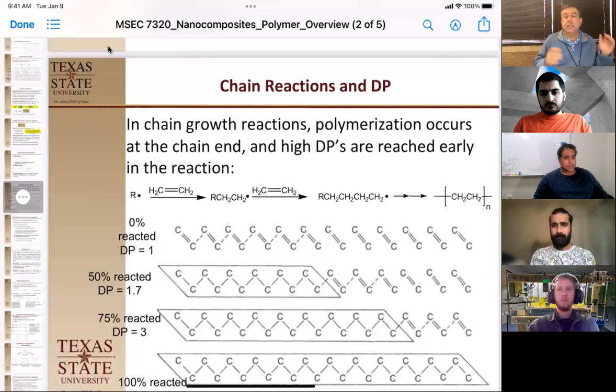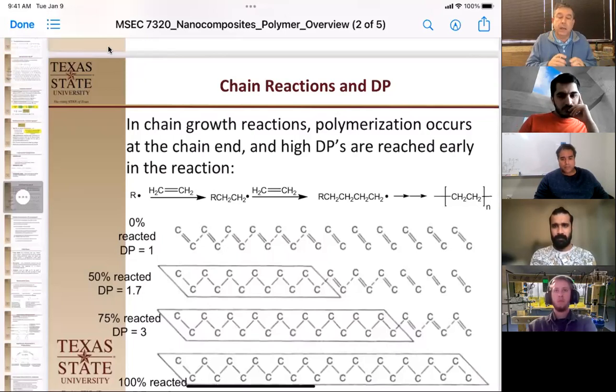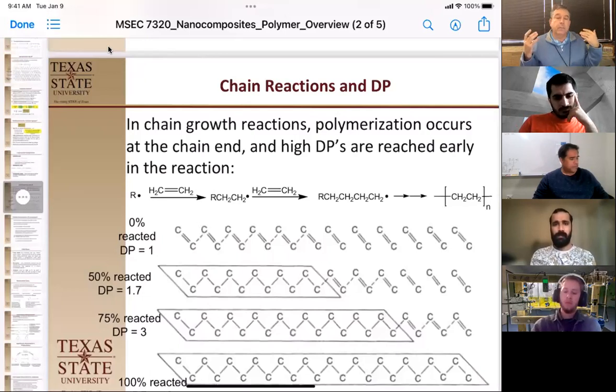By contrast, in chain growth, because each individual chain is growing and adding on to it, we actually saw the DP increase much earlier and the monomer concentration deplete much slower than in the step growth systems.